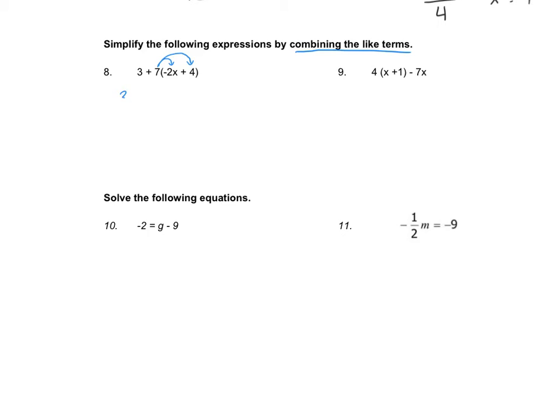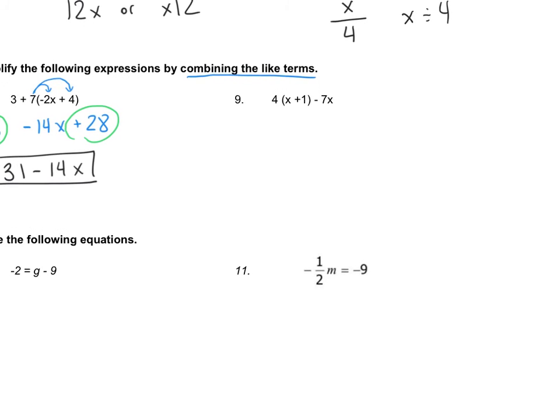So I'm going to rewrite 3 plus 7 times -2 gives me -14x plus 28. Now notice I have 2 signs in there. I'm going to erase that plus because the negative always wins. Now I'm going to combine my like terms by circling. 28 plus 3 gives me 31 minus 14x.